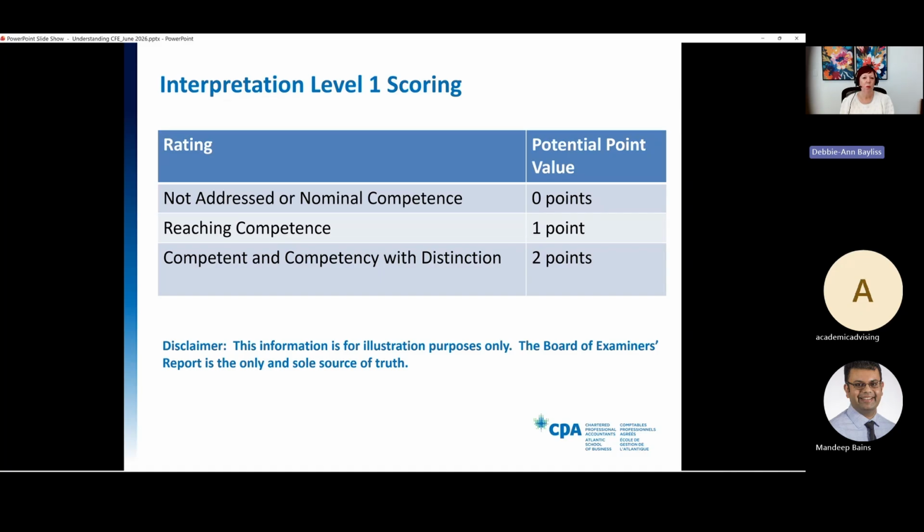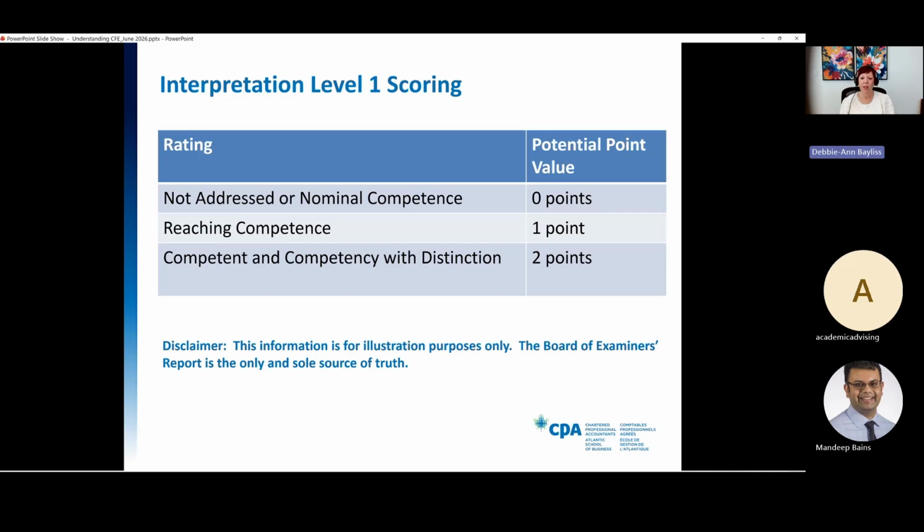For those of you who are enrolled in Capstone 1 and Capstone 2, you will notice that the Capstone 2 education team uses this interpretation. Again, it's for illustration purposes only. But there are some important takeaways from this.